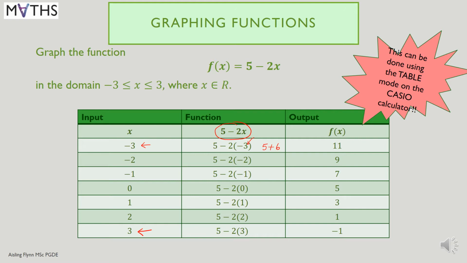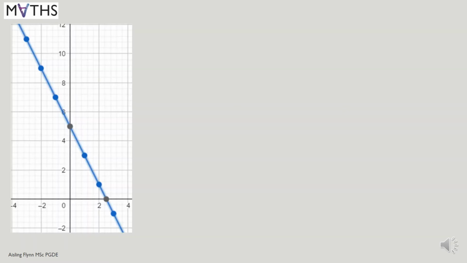Okay, and what does that look like on a graph? So it looks like this. Again, inputs on the x-axis, and this time we were interested from -3 up as far as +3. Okay, and the outputs are measured off the y-axis.